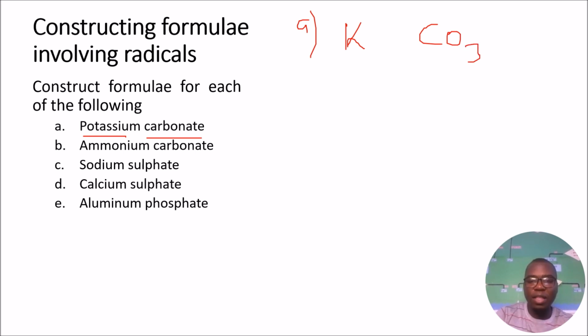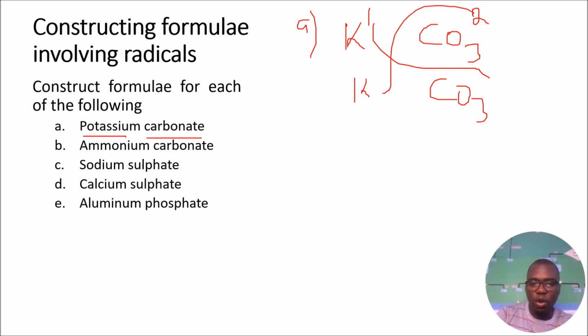Then remember, this carbonate has a valence of 2, so you write the valence of 2. Then our potassium has a valence of 1. When you write these species again, we are going to swap. This one will come here, these two will go there. Now, these radicals, we said they are incapable of independent existence. For lack of a better term here, I'm going to say they are selfish.